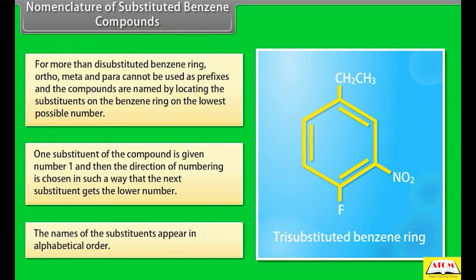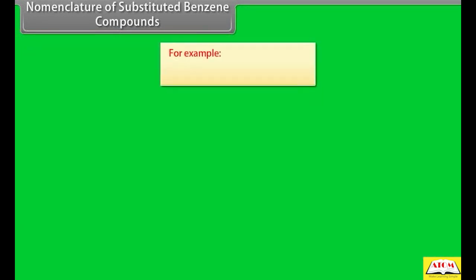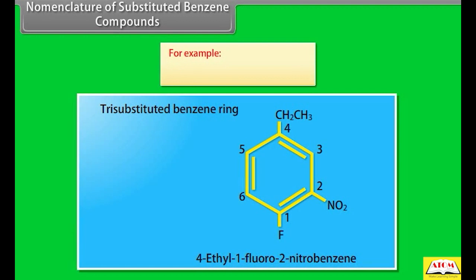The names of the substituents appear in alphabetical order. For example, we assign number 1 to fluorine so that nitro gets 2 and ethyl gets 4. This compound can be named in alphabetical order as 4-ethyl-1-fluoro-2-nitrobenzene.